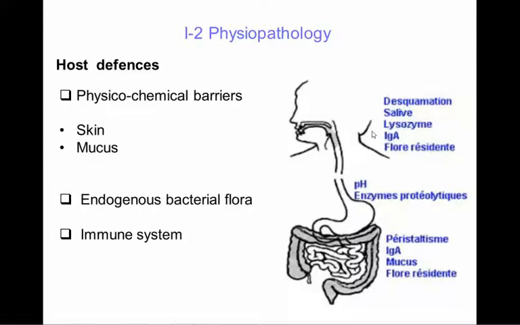But before that, there is a lot of host defense, which is, I don't know how you could call it, not exactly passive, but really doesn't involve specific antibacterial immune effectors. So there are two types of things that I want to talk about here. First is the physicochemical barriers, and then the endogenous bacterial flora.